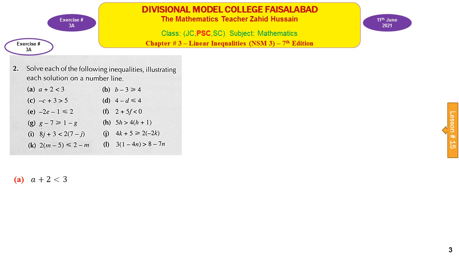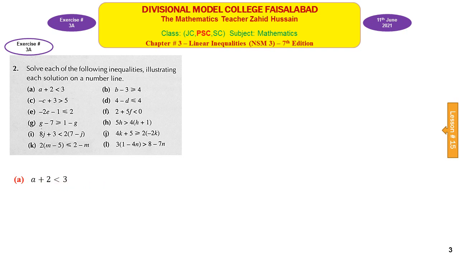This inequality does not have any fraction, so we will move to the next step. The next step is, if there are brackets in an inequality, we first remove the brackets. There is no bracket in this inequality, so we will move to the next step.